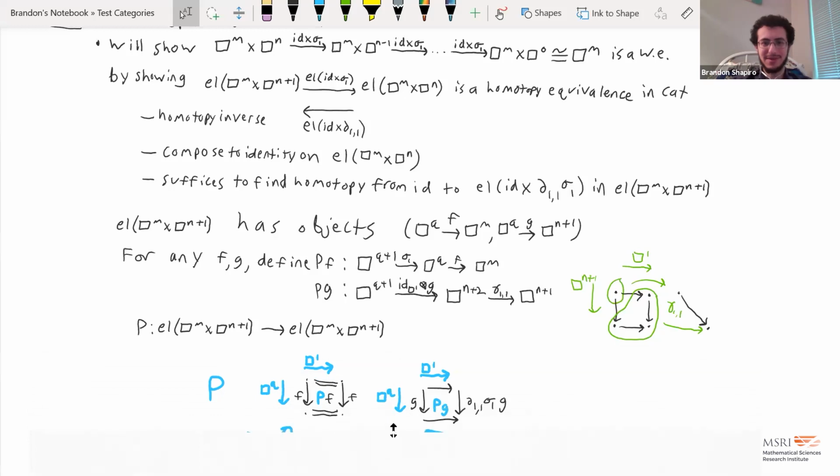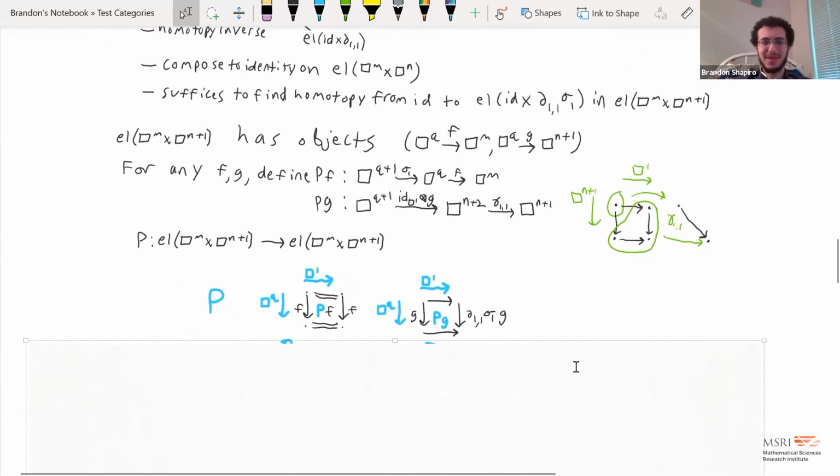So this picture will hopefully be more helpful in that what PF does is it just sends F, which is a cube in the M cube, to a higher dimensional cube, which is degenerate. And what PG does is it takes G and sends it to a cube which adds an extra dimension.